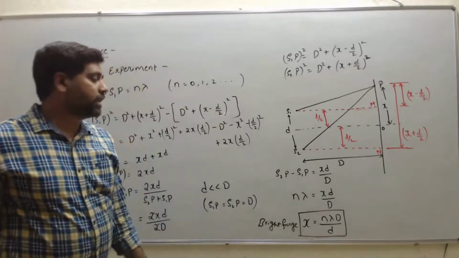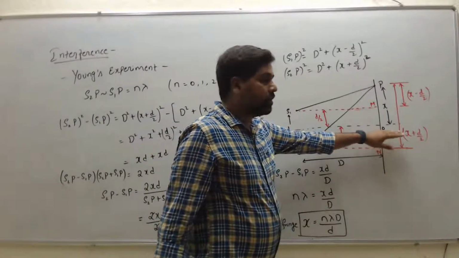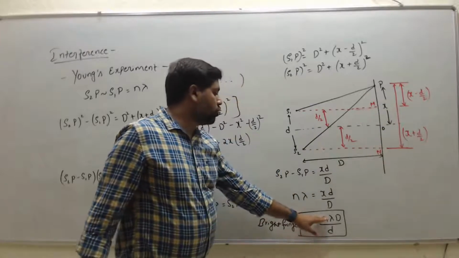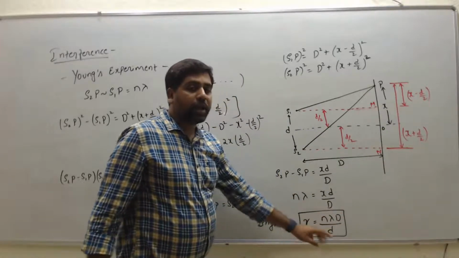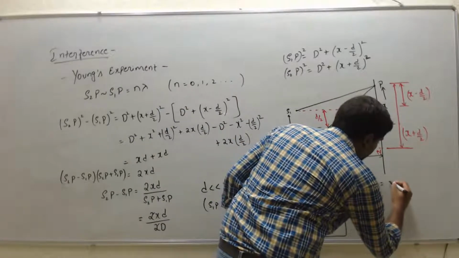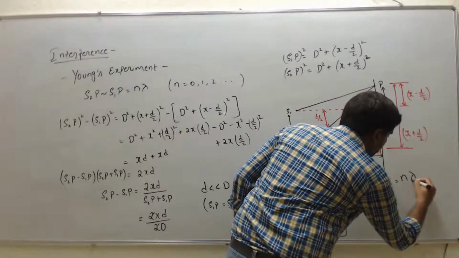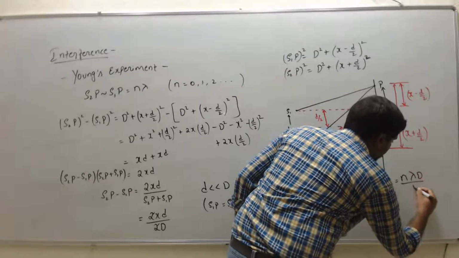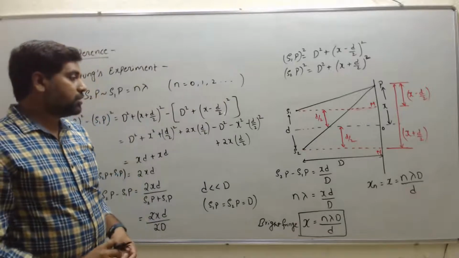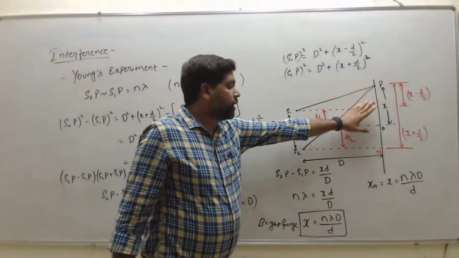Right? So for the bright fringe, the position anywhere from the center, that is from O, is x equals n lambda D divided by d. That is for the bright fringe, xn equals n lambda D divided by d. Right? This is the condition which we have taken, where P is at maximum intensity.